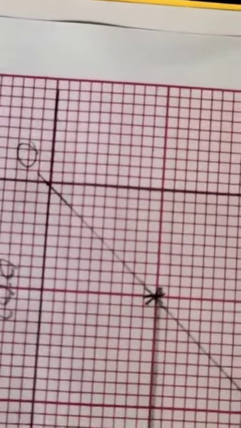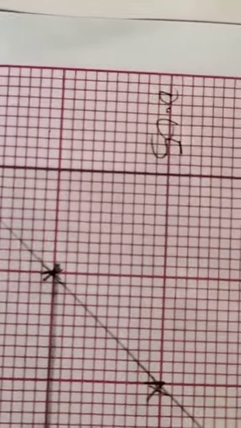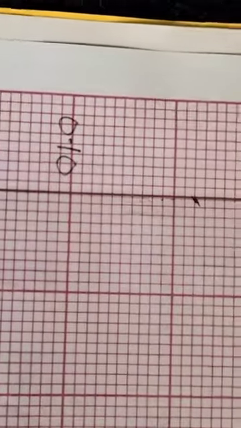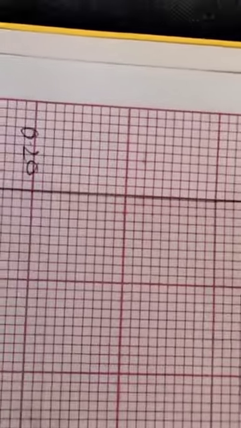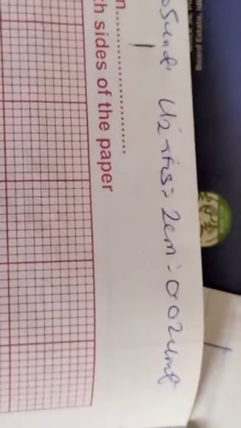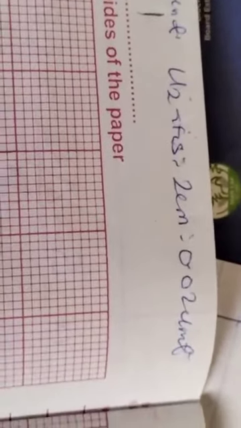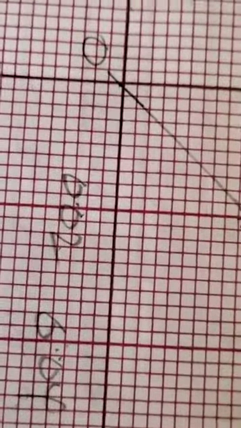So look at the origin 0. After every 2 big squares: 0.05, 0.10, 0.15, 0.20. Then on the horizontal axis, the U2 axis, we choose a scale of 2 cm to 0.02 unit. So we now have 0. For each big square: 0.02, 0.04, 0.06, 0.08, 0.10. We have a perfect graph.